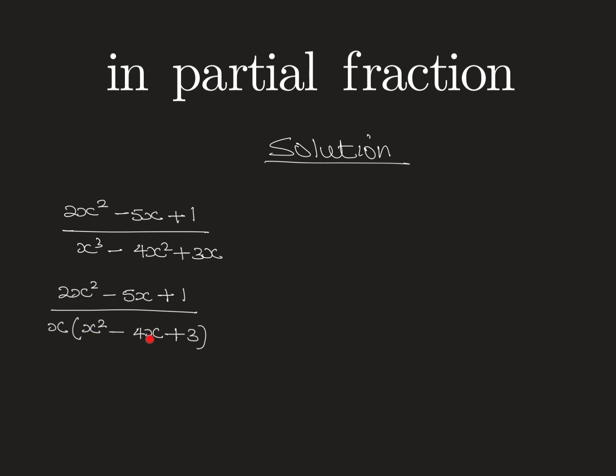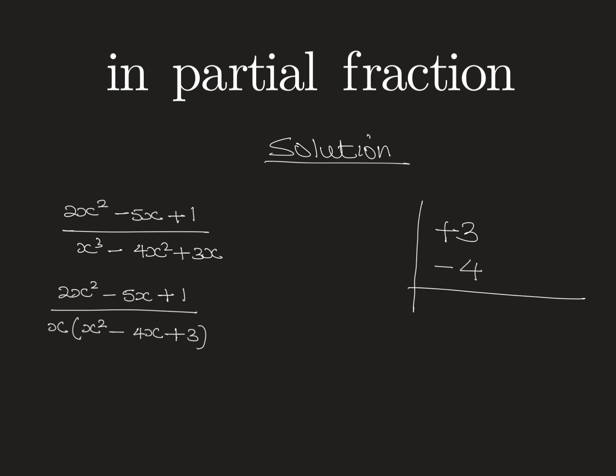Is it possible that we can also factorize it again? Yes. So what I will do is take the a term, which is just 1, multiply by 3. That will be positive 3. Then we bring the sum term, which is minus 4.